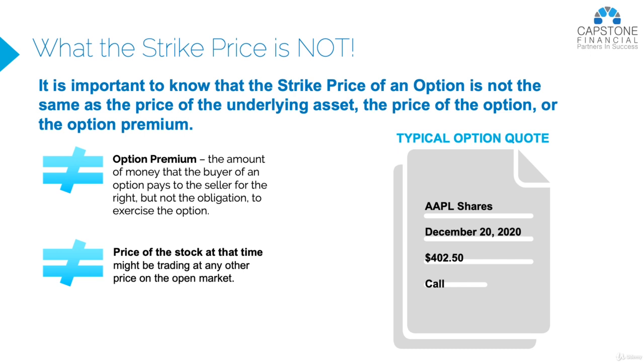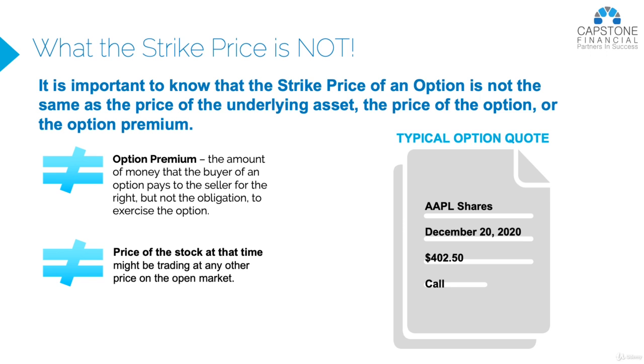What we see on the right-hand side is what a typical quote might look like. What you'll also notice in the option markets are the bid and ask columns, and they are going to be directly next to the strike price. So what you would look to do is say, what is the price of Apple?